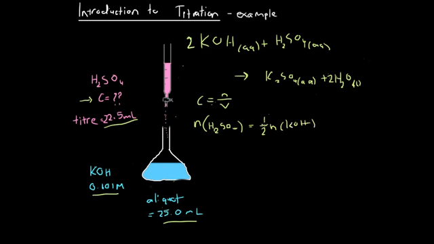If we rearrange this, we get n equals CV. So the mole of potassium hydroxide in the aliquot is going to be the concentration, 0.101, and then the volume is in milliliters, but we want to have it in liters.